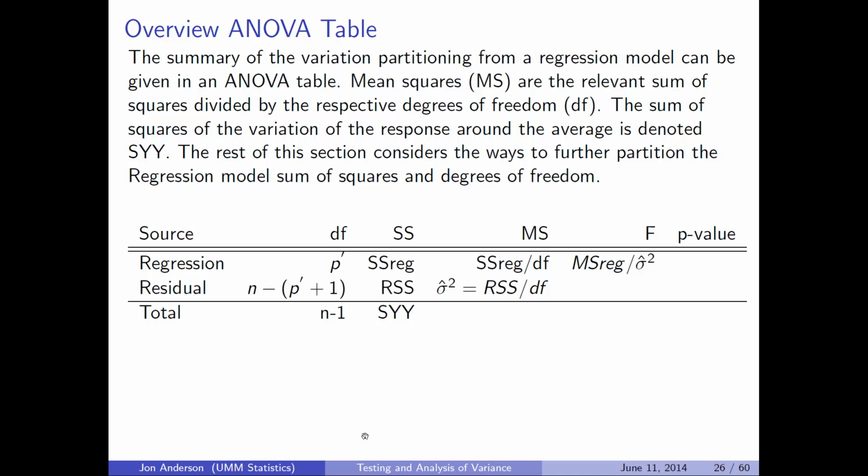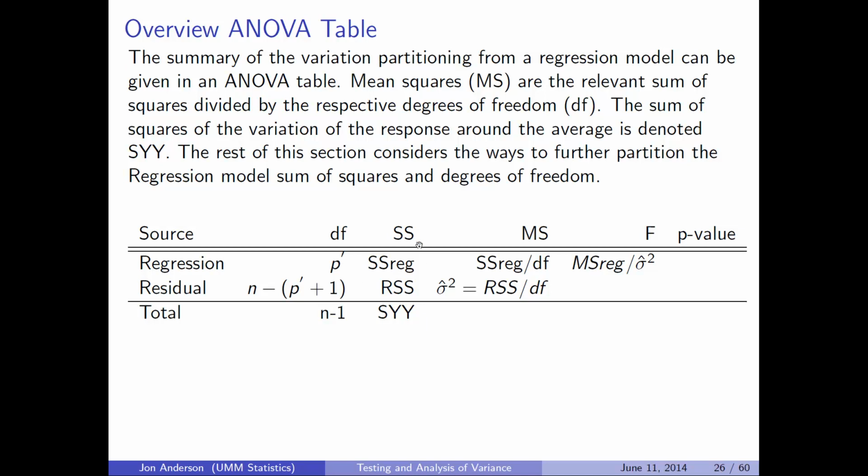The sums of squares tell us about the proportional makeup of the total variation in the response, SYY. This is the variation in the response values around the Y-bar response average. You can break that variation into 2 parts, a part due to the residuals, the unexplained part, and the part due to the regression model.